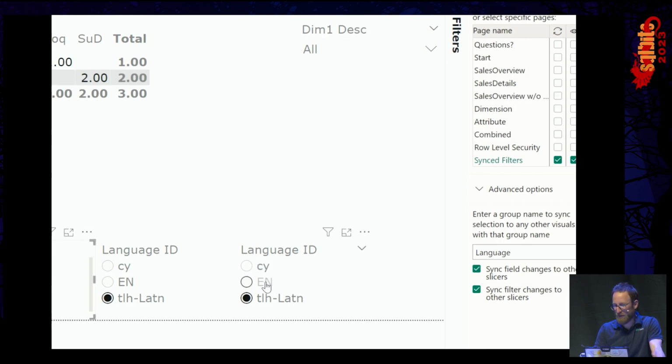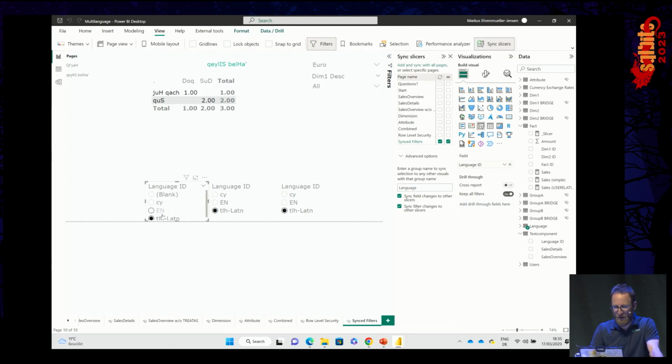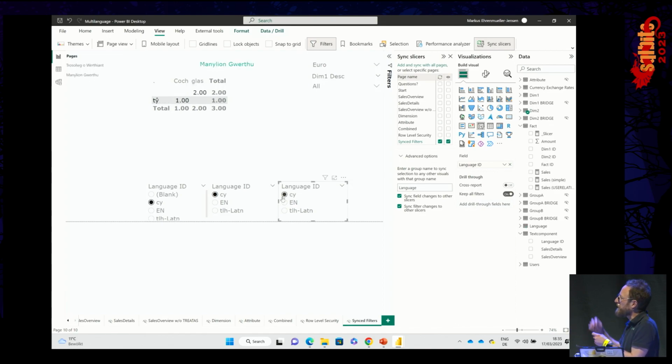If I change one of the slicers, the selection will be applied to all the other slicers within the same group, no matter on which page or on the same page. So if I now change from Klingon to English, you will see that all the others change as well, or to Welsh or whatever. So they're in sync across several slicers, which are on different columns in your data model.